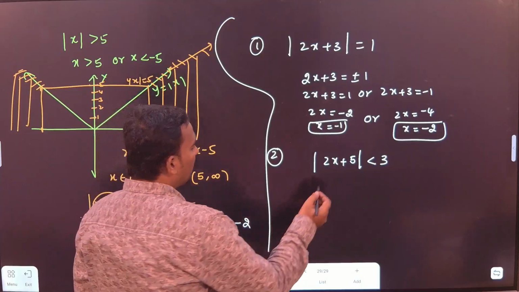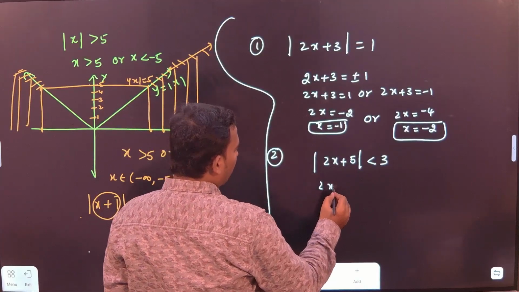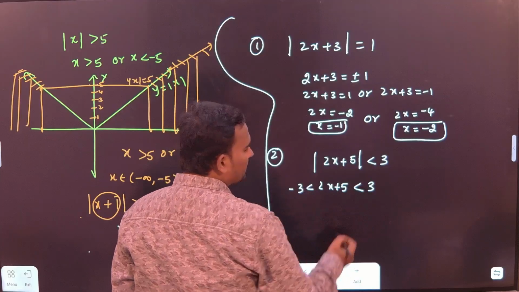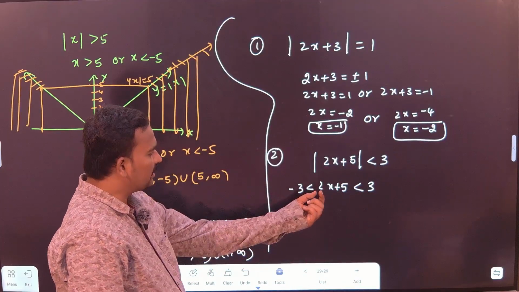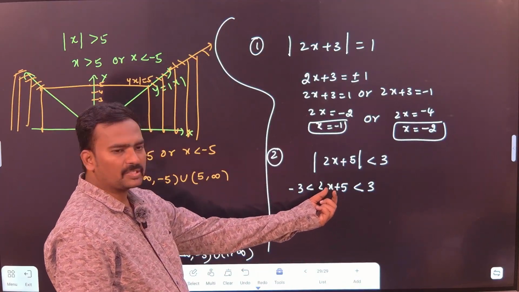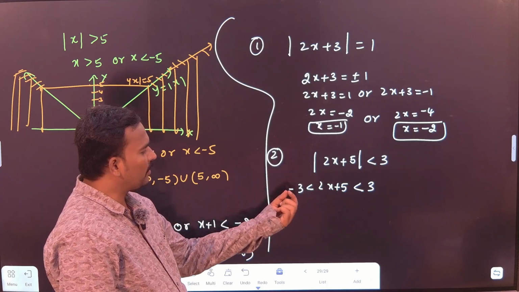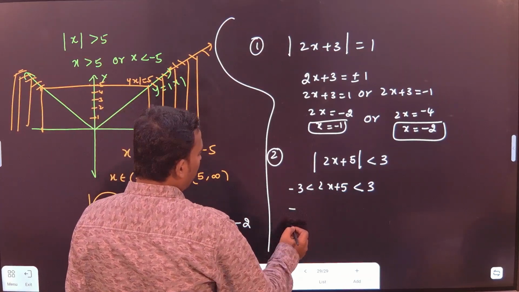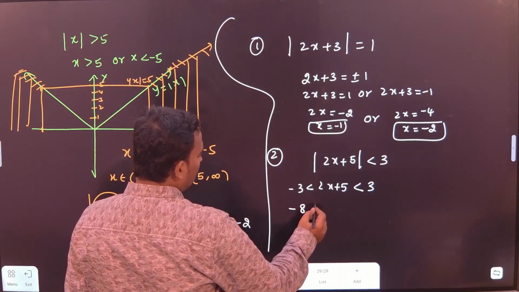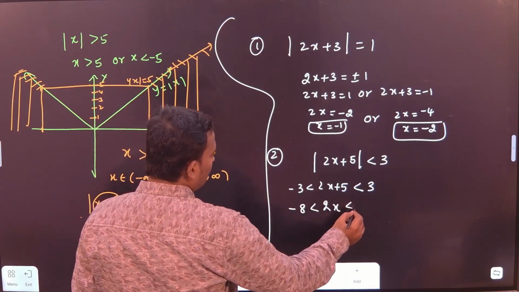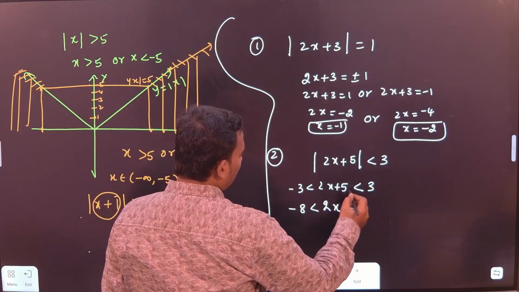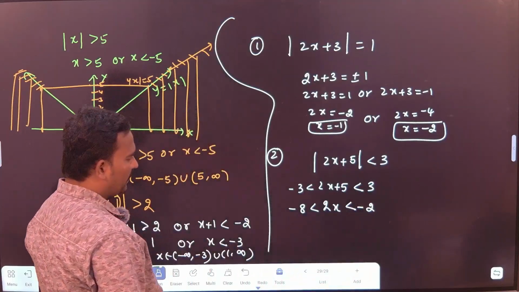The same idea, instead of x here, 2x plus 5 is there. That should be minus 3 to plus 3. So we need x. First you have to remove the plus 5, so for that you can add minus 5 throughout the interval. Minus 8 is less than 2x is less than 3 minus 5, which is minus 2, right? Correct?